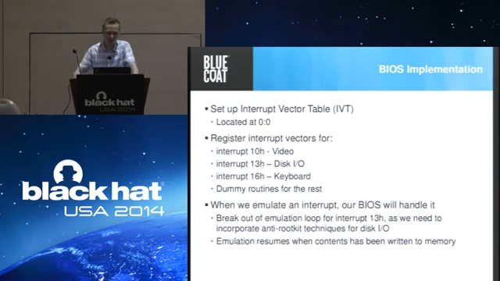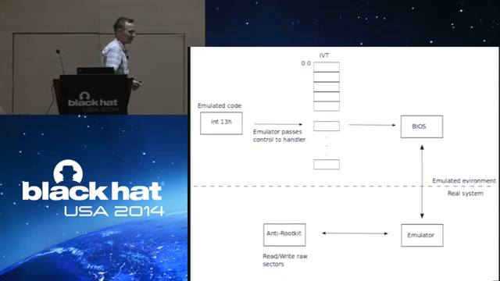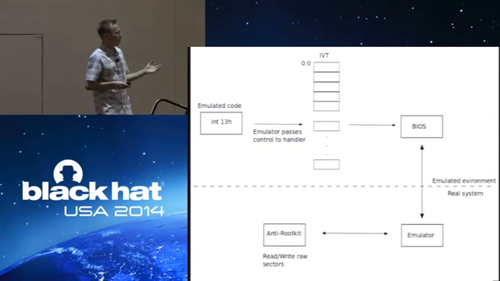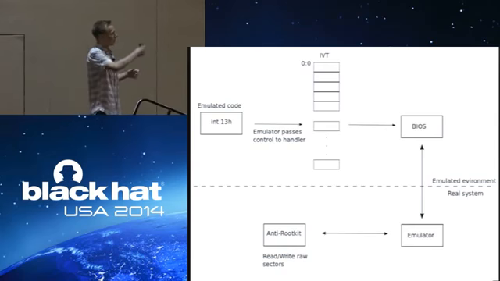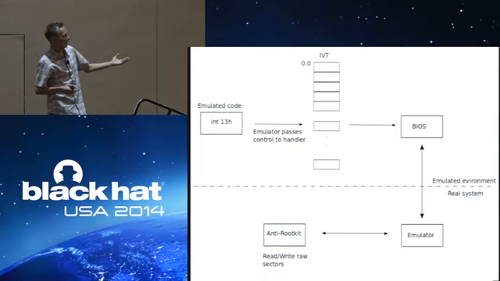So this means that, of course, when we emulate an interrupt, our BIOS will handle it. But for some interrupts, like interrupt 13, it's a bit more complicated. At this point, we actually break out of emulation. Whenever we encounter an interrupt 13 in the boot code, our emulator will pass control to the handler registered within the IVT, which will then pass control to our BIOS.